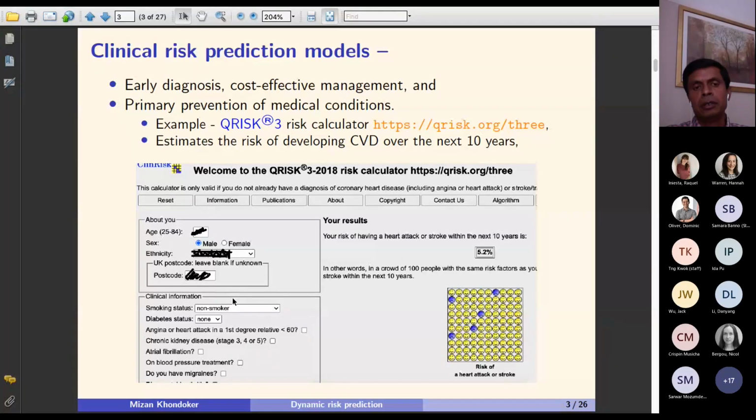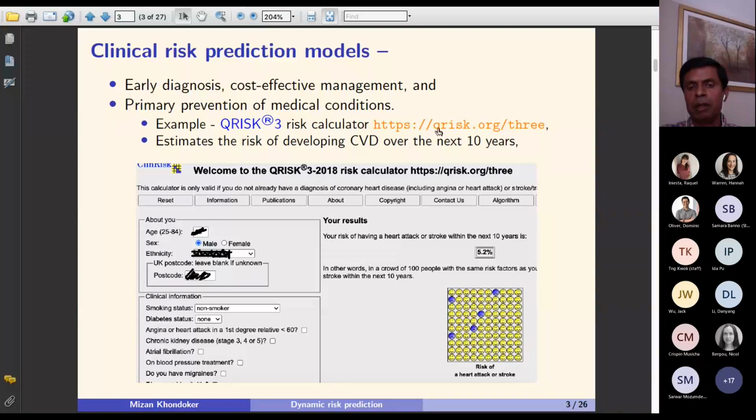Risk prediction tools for clinical outcomes can greatly aid clinicians with early diagnosis, cost-effective management, and primary prevention of many medical conditions. A good example is the QRisk calculator that most of you may be familiar with.